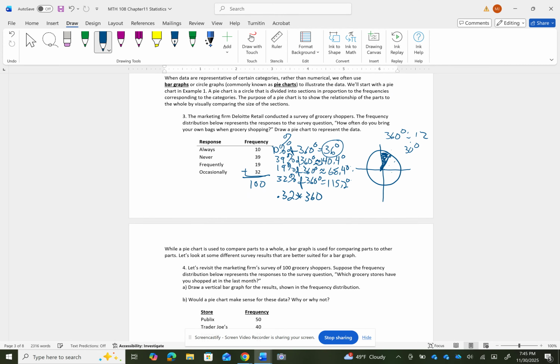Okay, now I'm going to change colors, and I'm going to do never. So never was 39% of the circle, which was supposed to be 140.4 degrees. So one whole quadrant would be 90 degrees. And then I need to get to 140, so I need about another 50.4 beyond that.